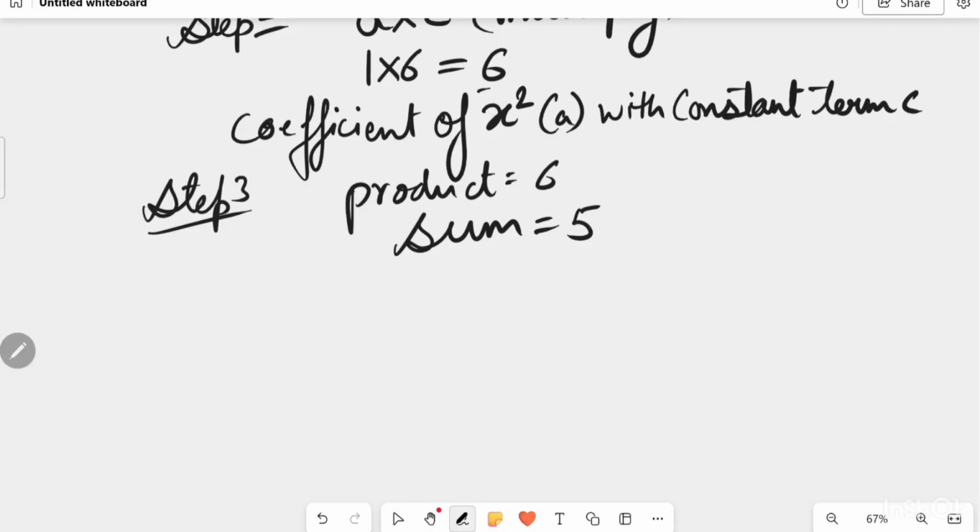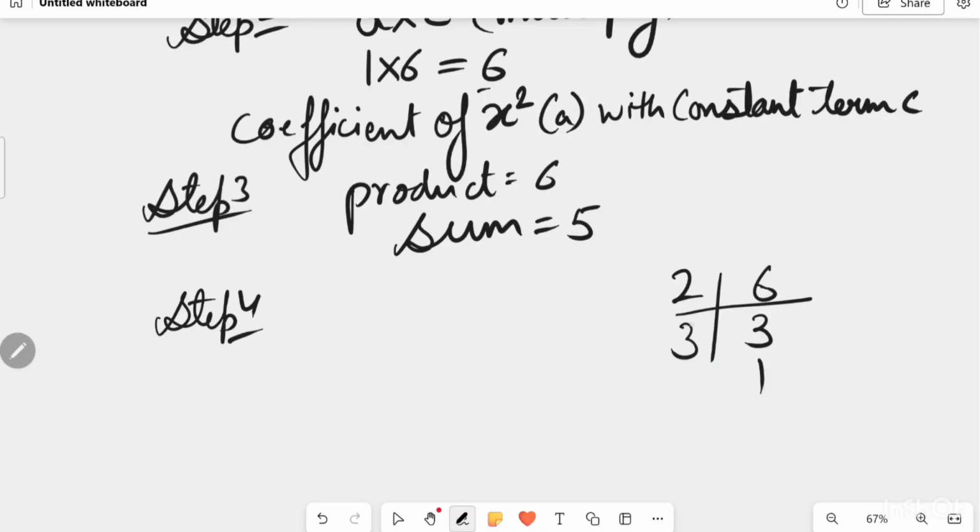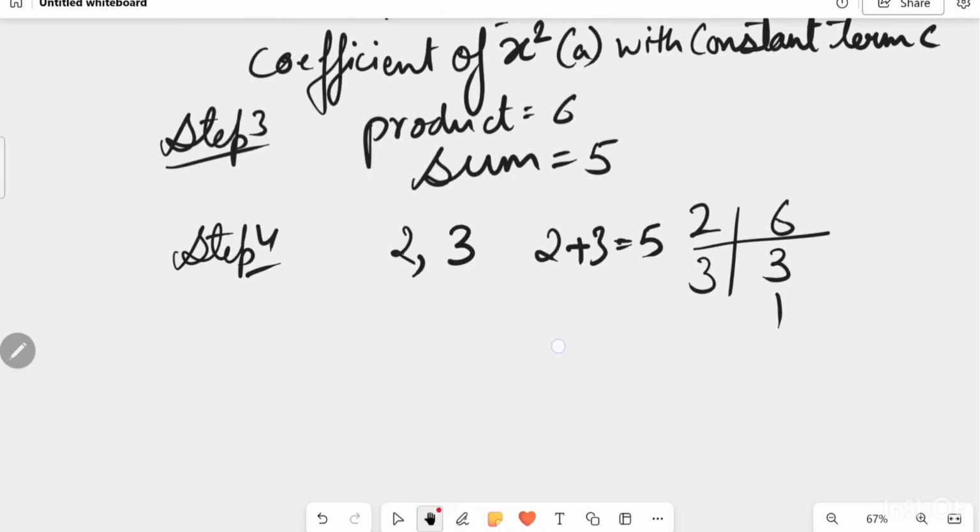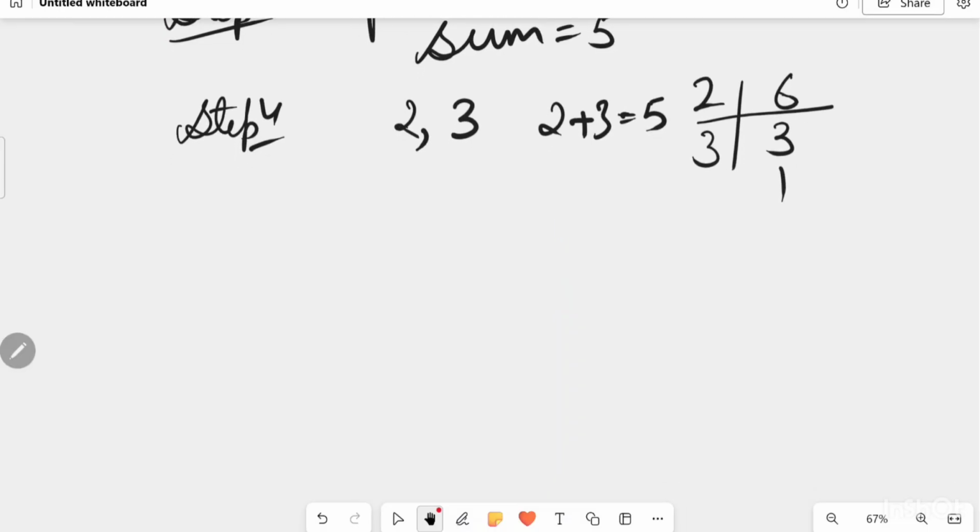Step 4, we will find the factors of 6. 2 threes are 6 and 3 ones are 3. So we get two numbers, 2 and 3, whose product is 6 and sum is 5. So these are the correct factors, the correct pair of numbers.